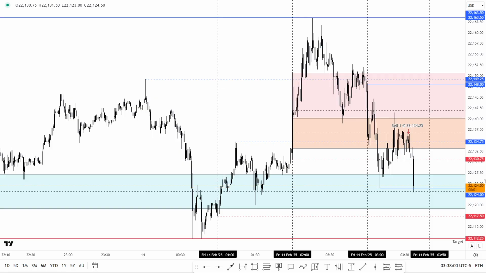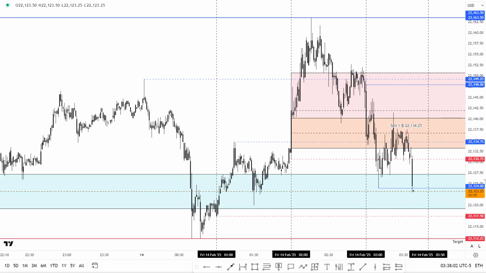So we're currently up just over 10 handles. So if you want, this would be an ideal spot to move your TP to break even or so. That would be preferred.